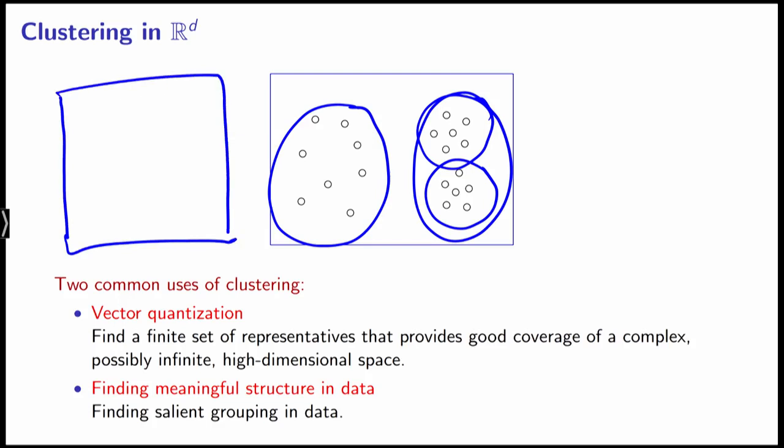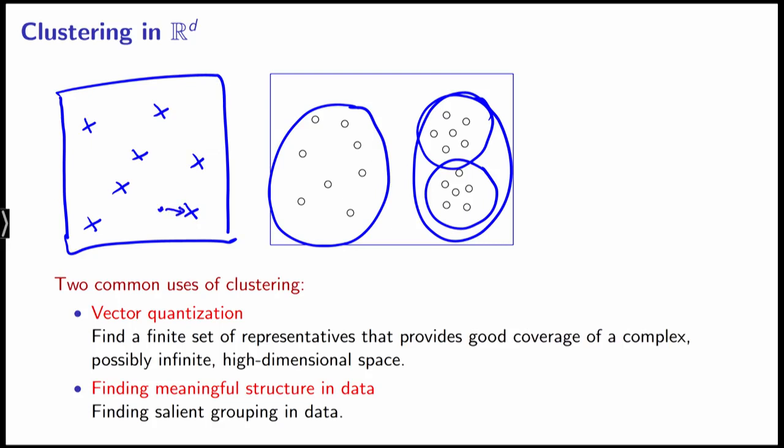The data has been obtained from that space, and the goal is to find a few representative points in that space. Subsequently, any point will simply be assigned to its closest representative.